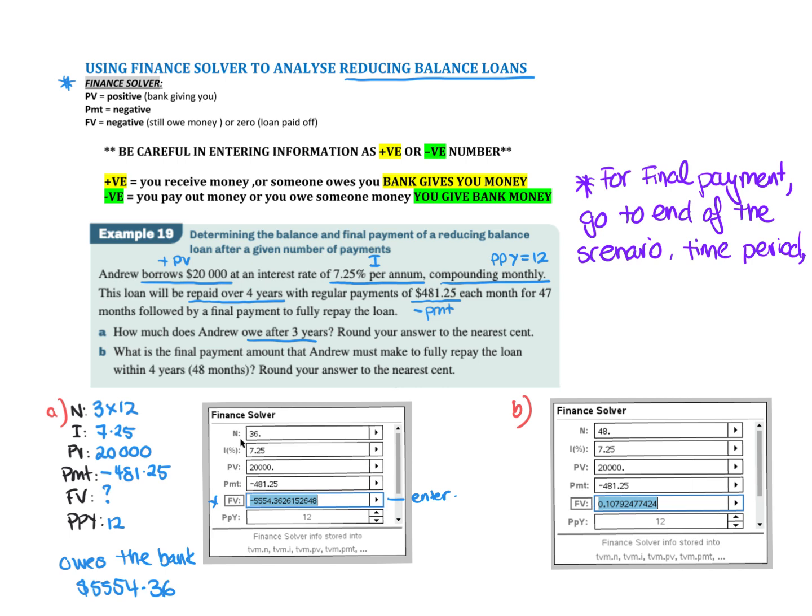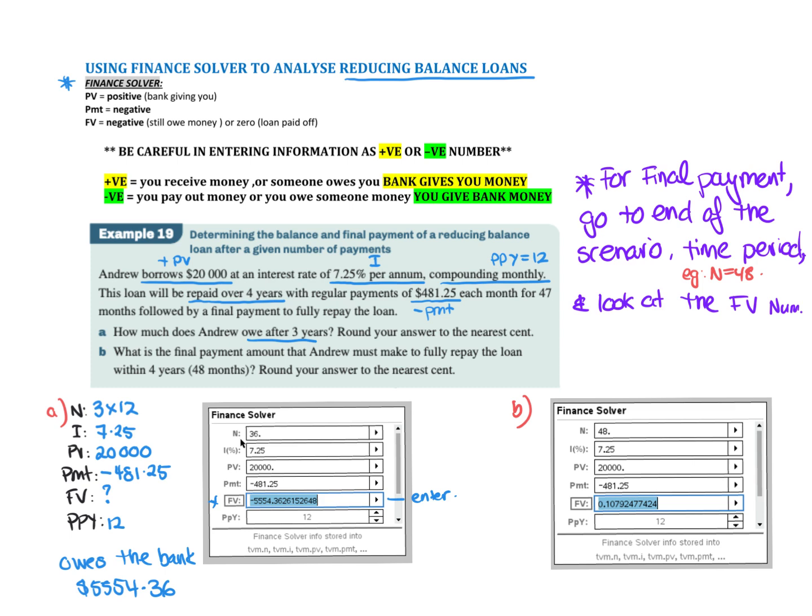So in this little example, that would be n equals 48. And then what you're going to do is look at the final value number.